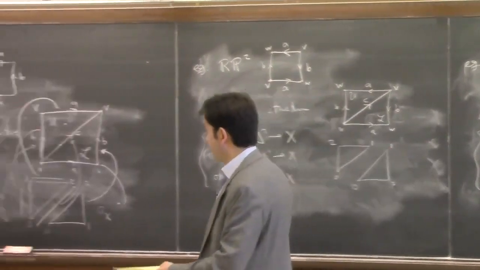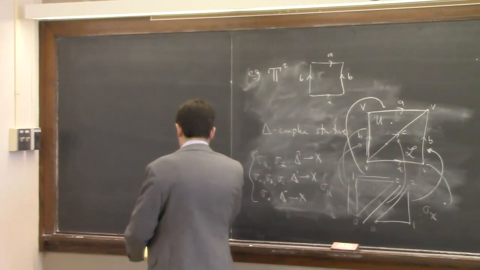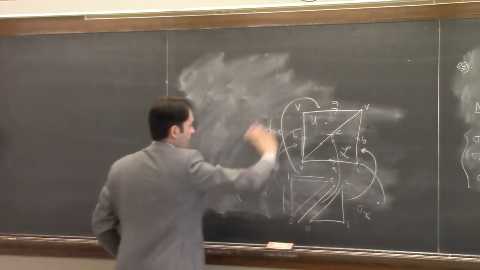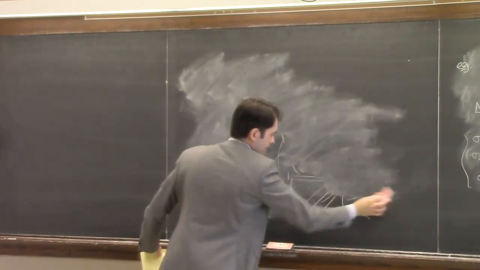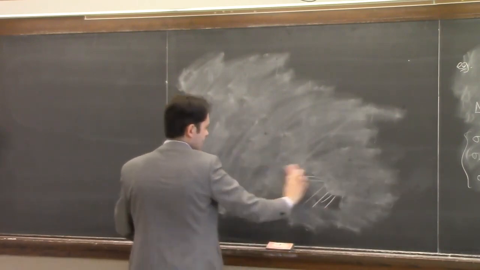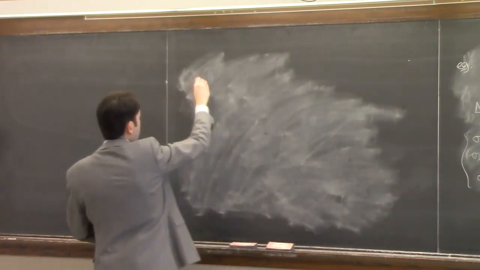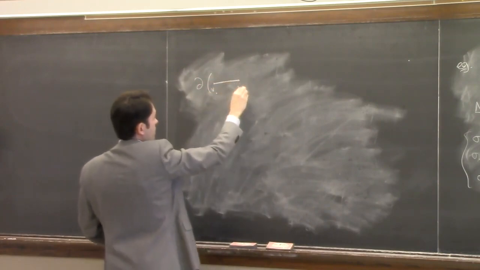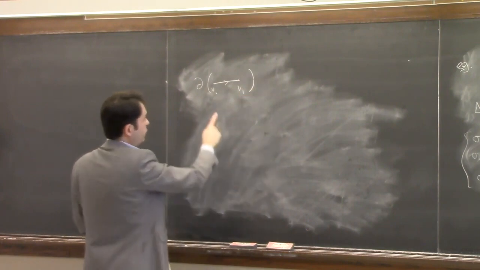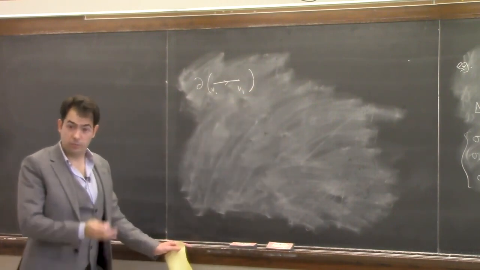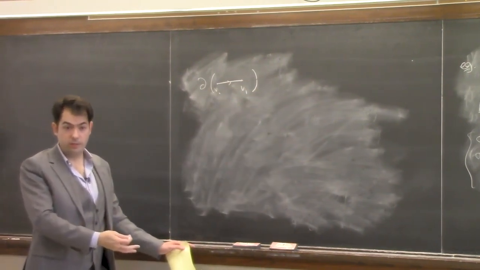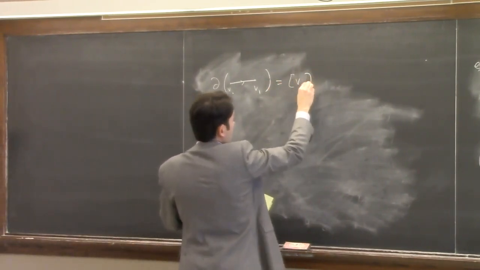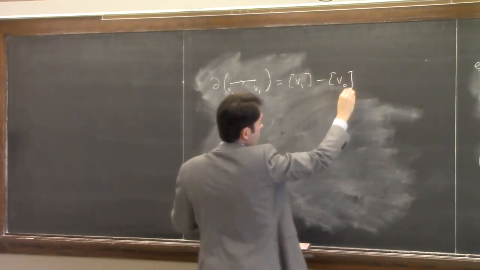Okay, so we want to define the boundary. So, okay, let's look at the first few cases. If you have a segment oriented between v0 and v1, then, of course, the boundary is just going to be v1 minus v0.